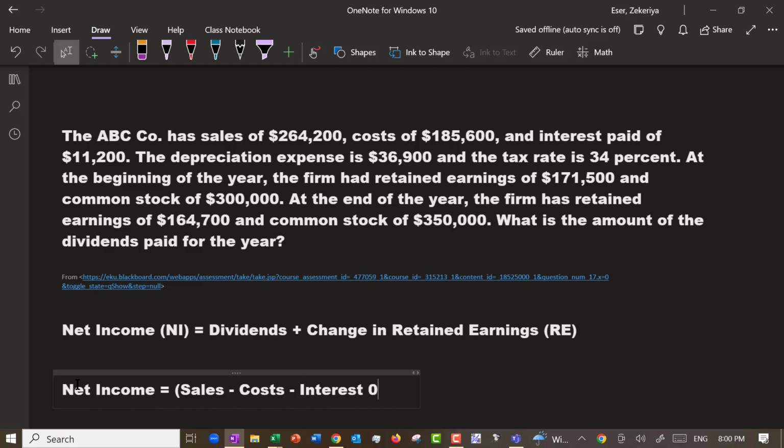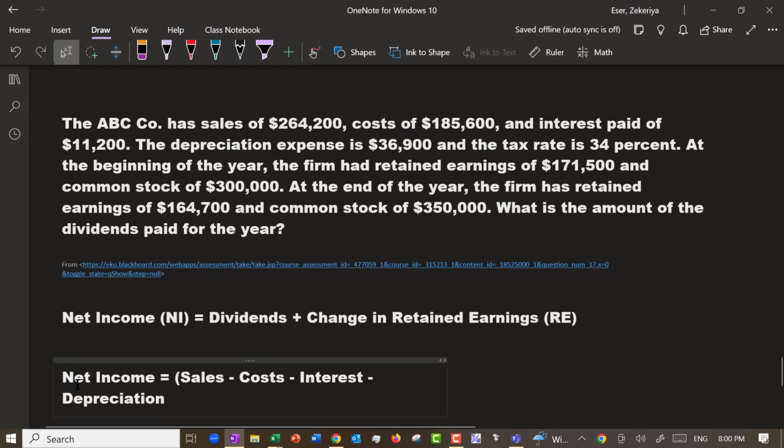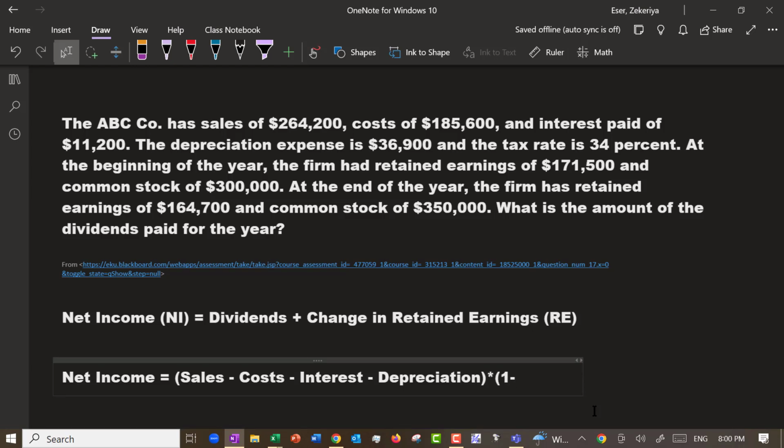Minus interest, minus depreciation. That part is earnings before taxes, right? If I multiply that with 1 minus tax rate, I'm home. Technically, I can calculate the taxes first, then deduct it, but this is much easier.